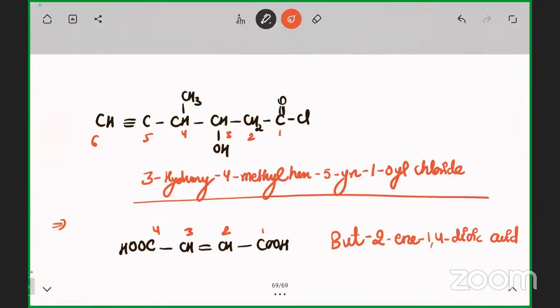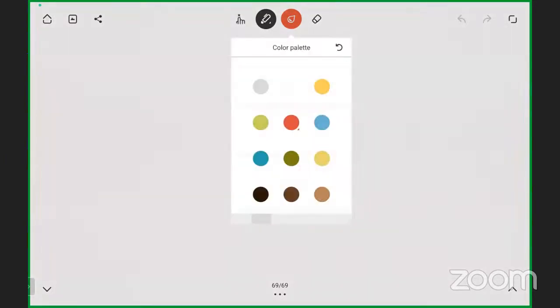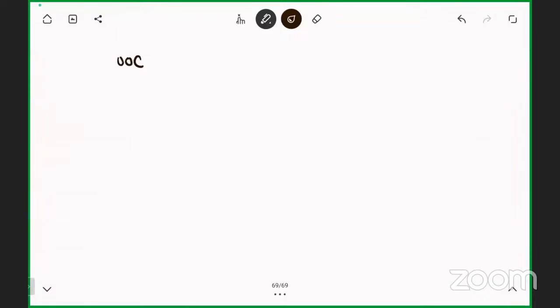One compound I'm making is COOH, then CH2, then CH2, then CH, then CH2, then CH2, then COOH, and one COOH over here also. Now, in this case, you will not give priority to anyone.